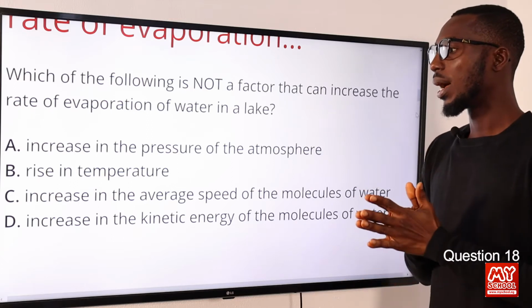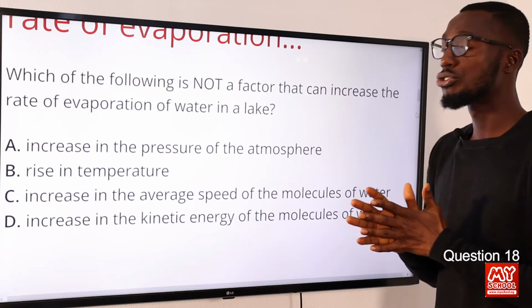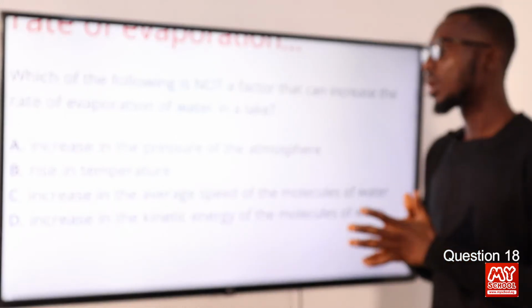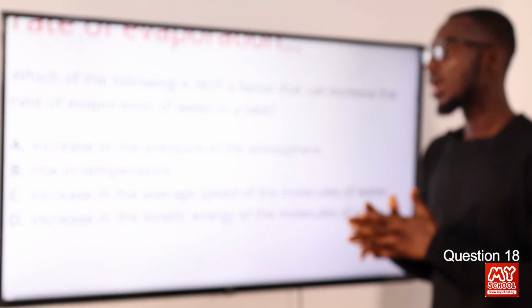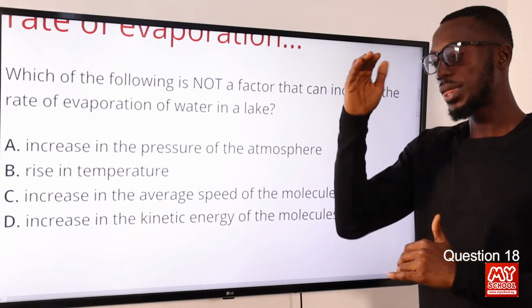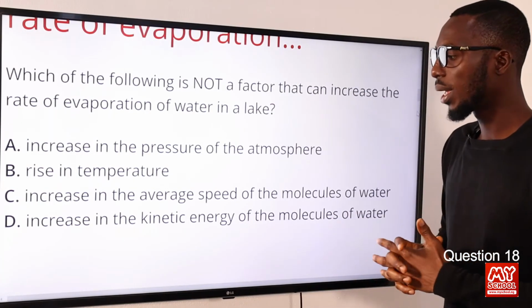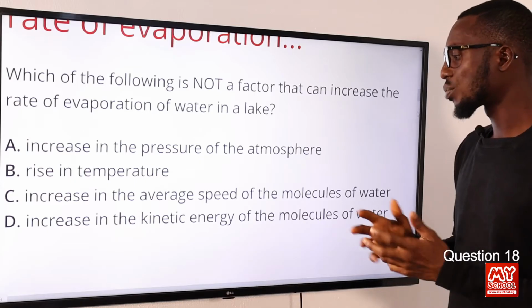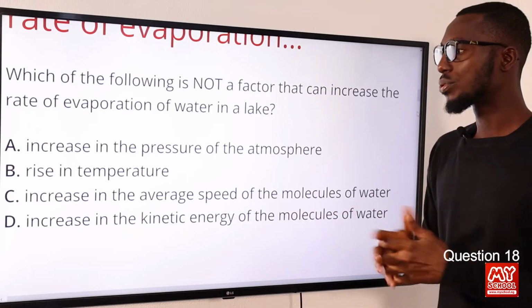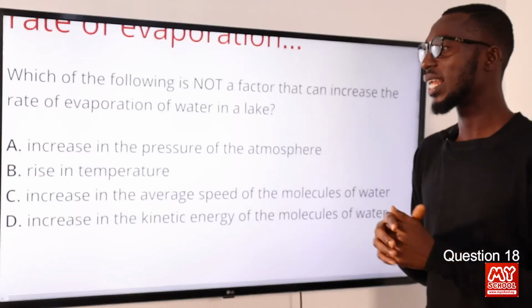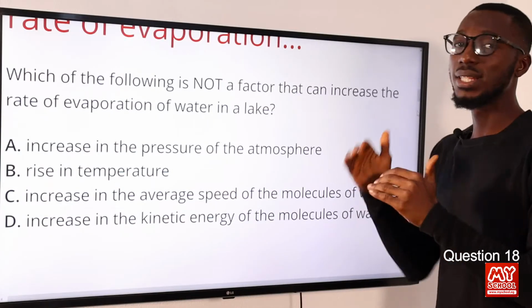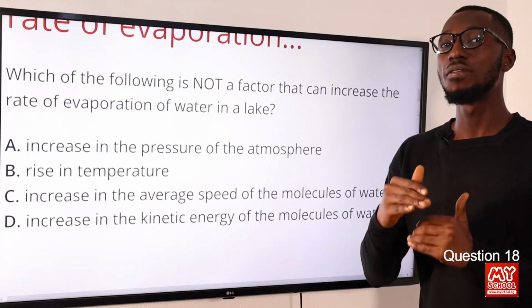So good movement of the wind and drier air increases the rate of evaporation. And also when we talk about the nature of the liquid, liquids with lower boiling points tend to evaporate compared to those with higher boiling points. So an exception here that I'm here to mention is that when you increase pressure, the greater the pressure, the slower the rate of evaporation.